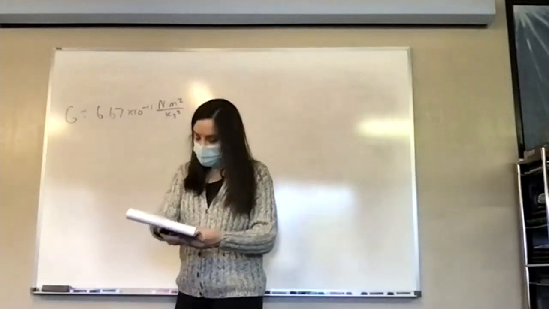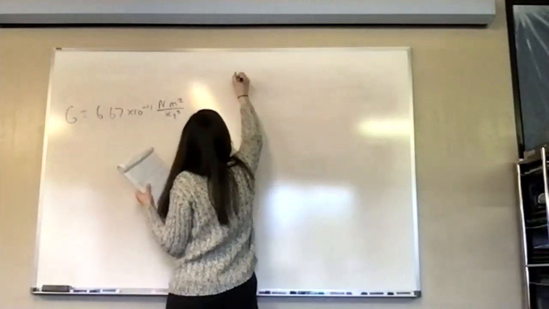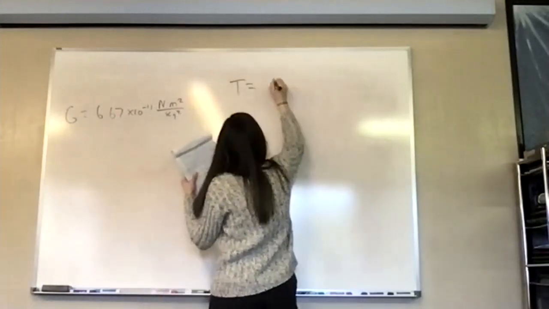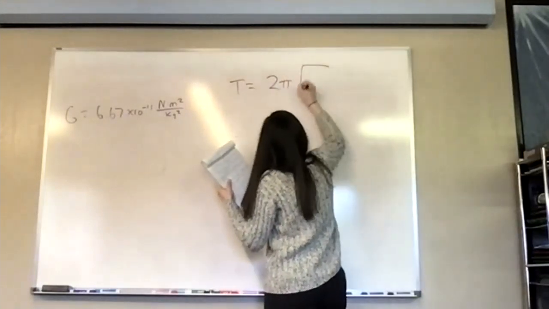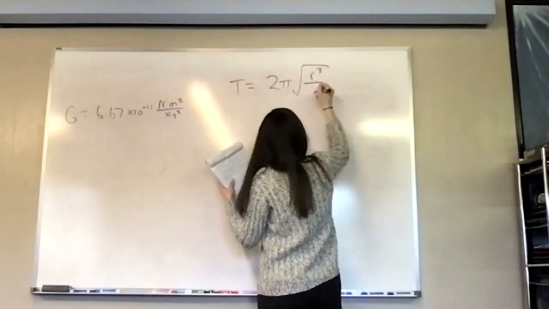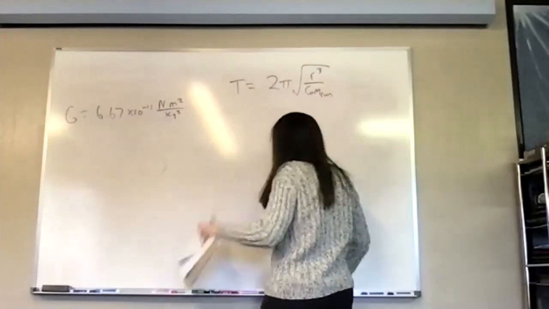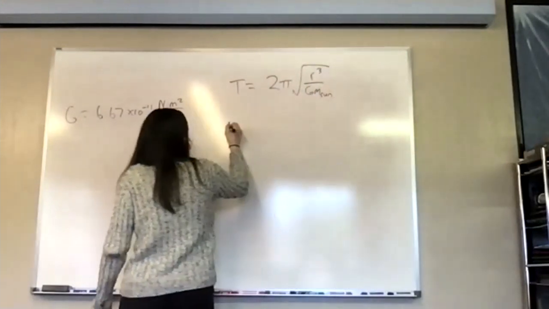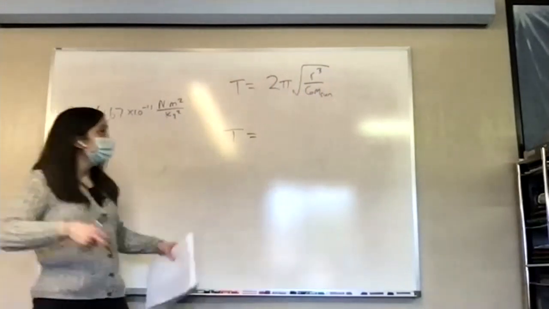One more equation that's important is this one. This equation right here gives you the time it takes for a planet to go around the sun.